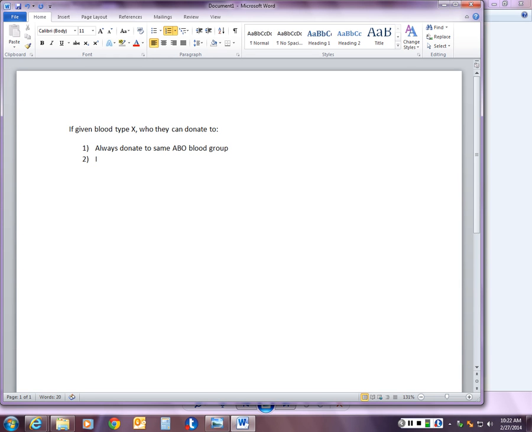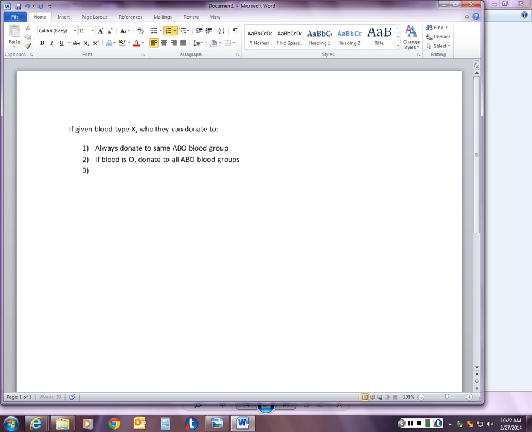Rule number 2 says, if your blood type is O, you can donate to all ABO blood groups. So if your blood type is O, you can not only give to O, but you can give to A, B, and AB.